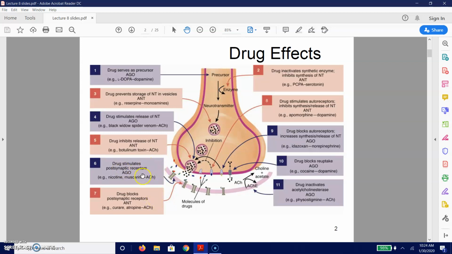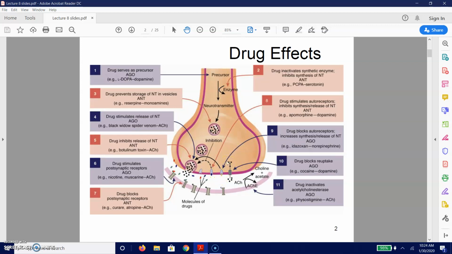One of the other things that drugs can do is stimulate postsynaptic receptors. Things like nicotine, which you find in tobacco products, enhance the effectiveness of acetylcholine at that receptor. And as such, it's an agonist. We have on the presynaptic cell something that's called an autoreceptor.